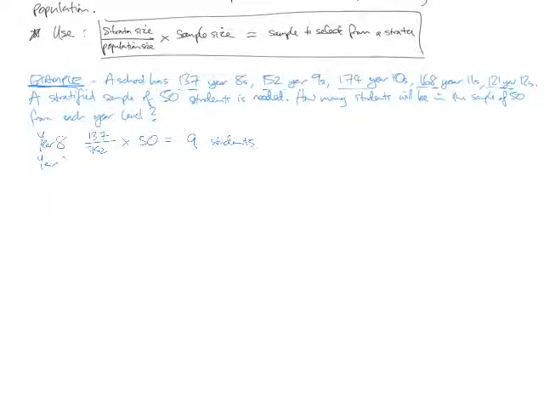Year 9. There's 152 year 9s out of the 752 kids, times it by the sample size of 50. 152 divided by 752 times by 50. That comes to closest to 10 students. Year 10, there's the most, 174 out of the 752 students, times by the sample size of 50.